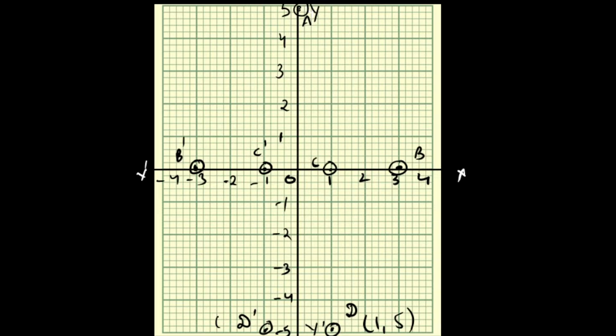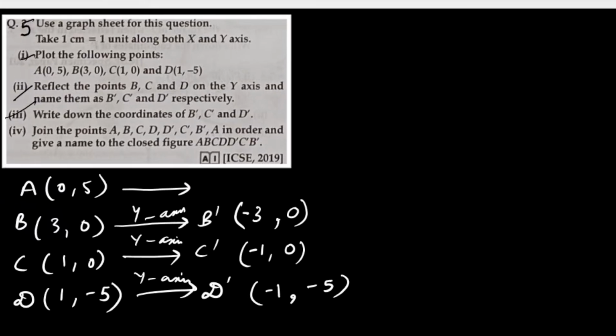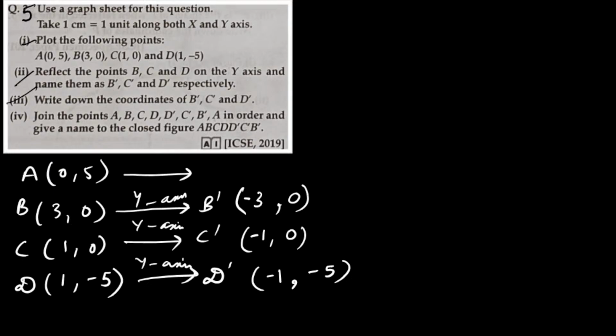So we have gotten the points and we have plotted them also. Reflection is done. First part is done, second is also done. Write down the coordinates of B dash, C dash, D dash. That's also done.